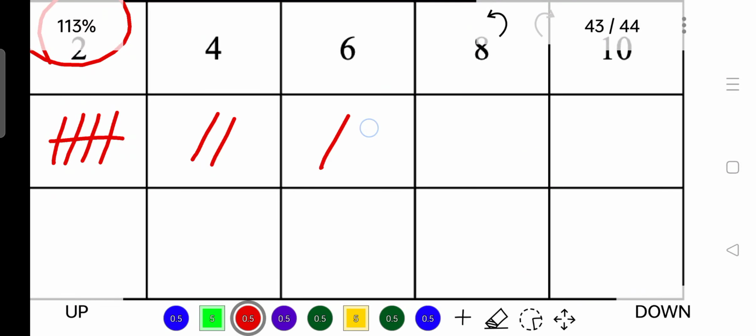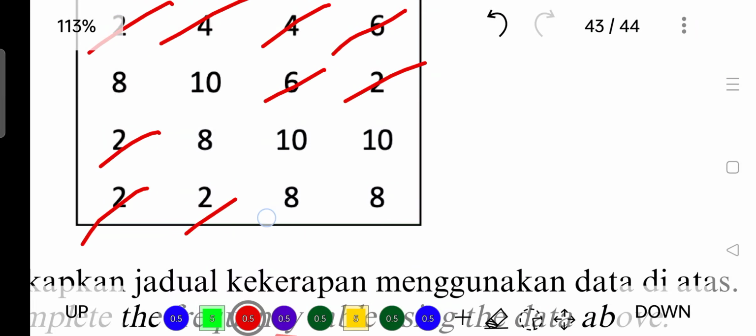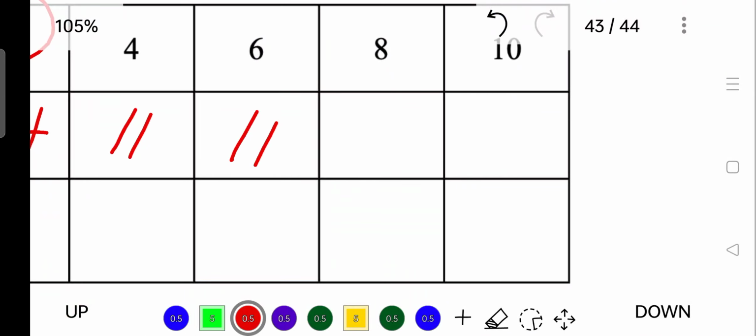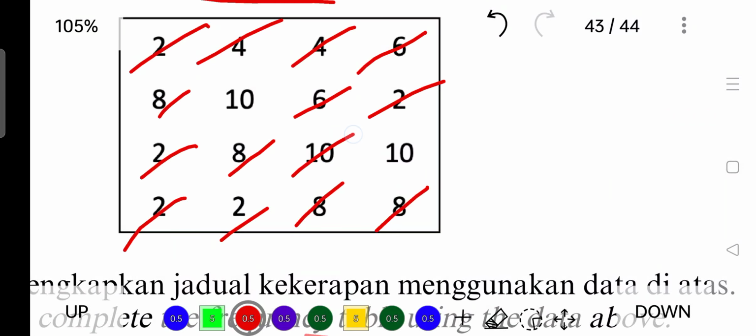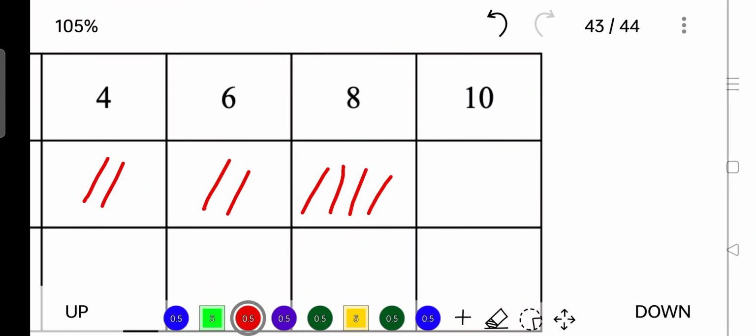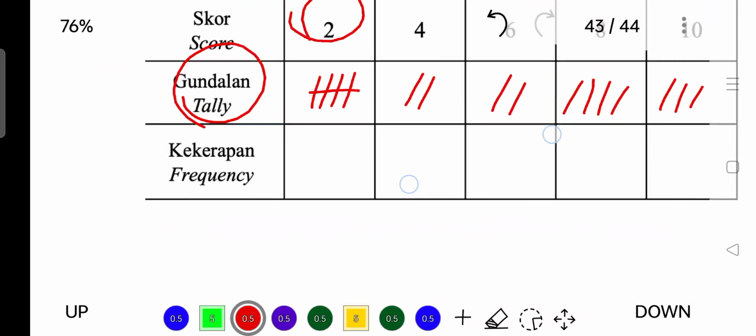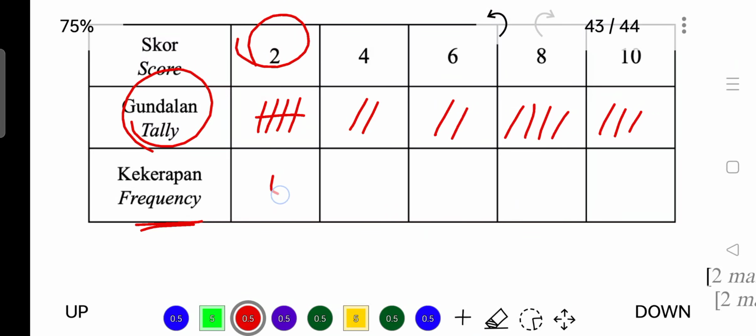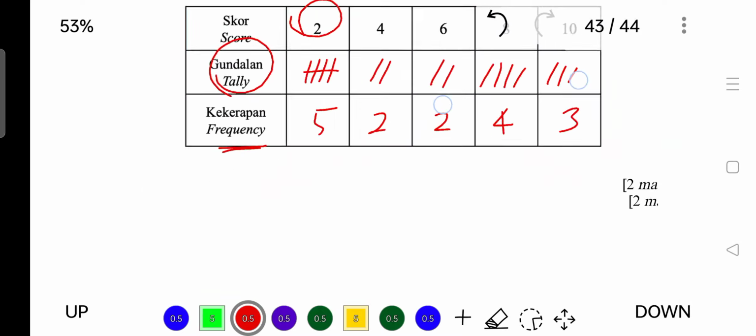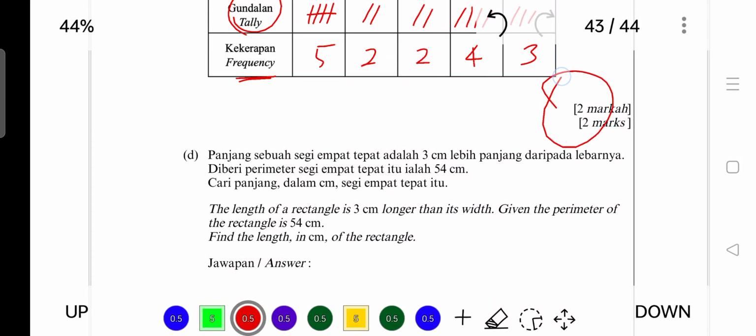Next we have number 8: 1, 2, 3, 4. And finally we have 10: 1, 2, 3. And what is frequency? Frequency is simply the number that you see above in the tally place. That's it. You get 2 marks.